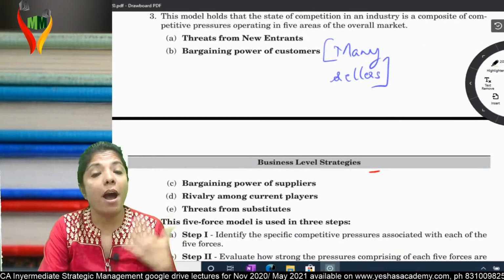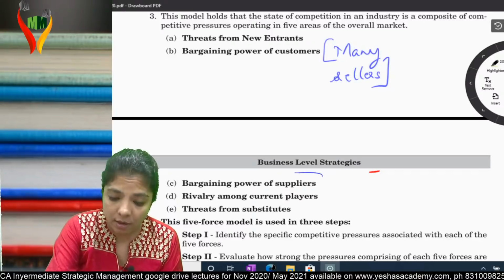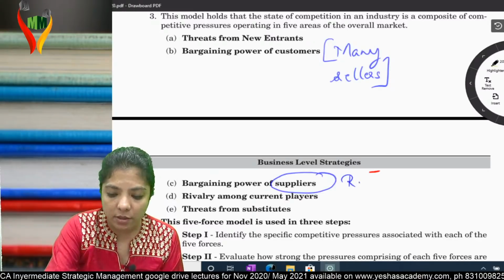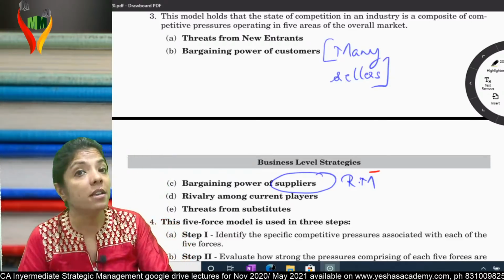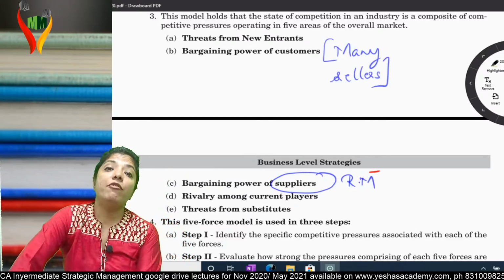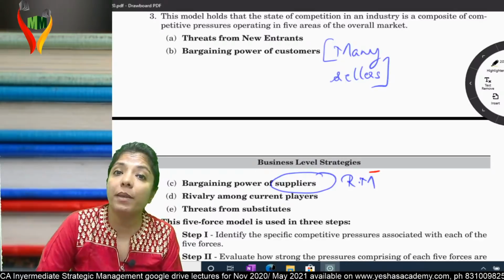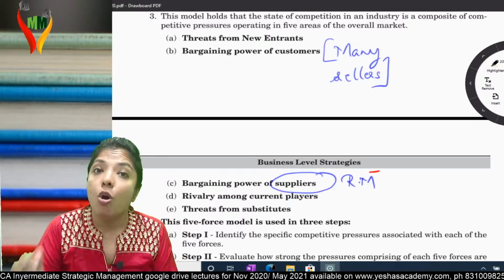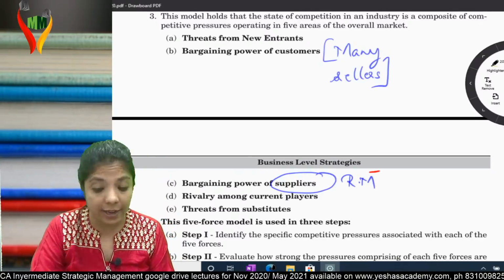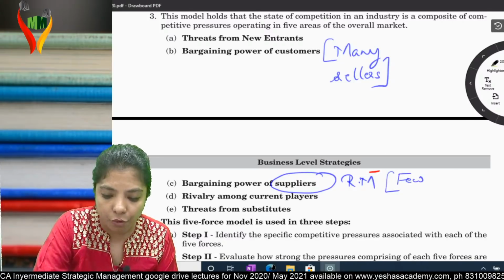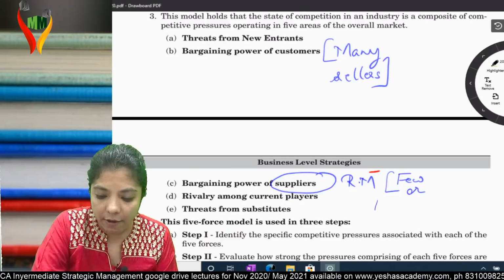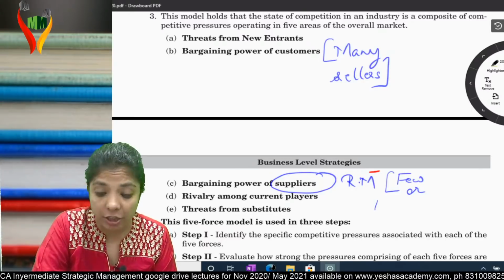Third point, bargaining power of suppliers. Who are suppliers? The ones who give us raw material. Again, the same point: every supplier will not have bargaining power. Only those suppliers will have bargaining power who are few in number, or who give you material as per your specification, tailor-made.